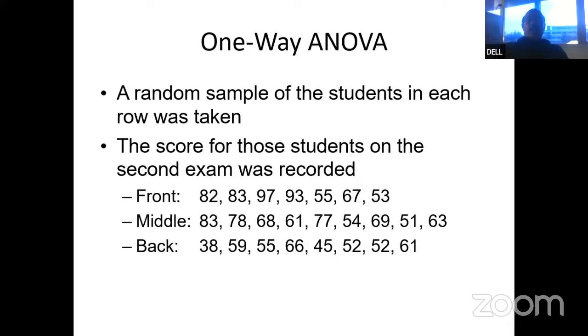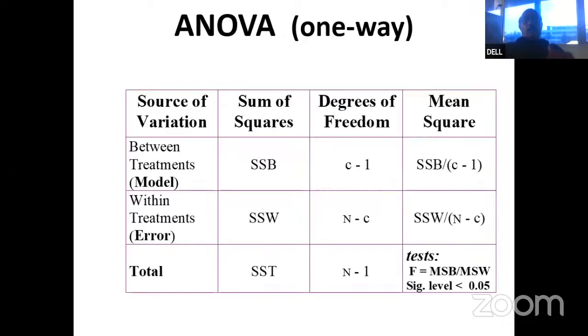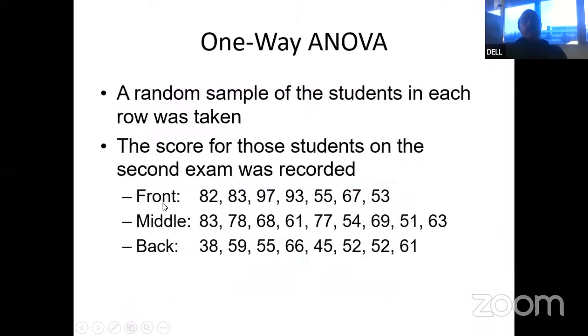Scores for the students on the second examination were recorded like this: front, middle, back students. Based on that, we have to calculate between the treatments. Between the treatments means between groups: front sitting people, middle sitting people, back sitting people.